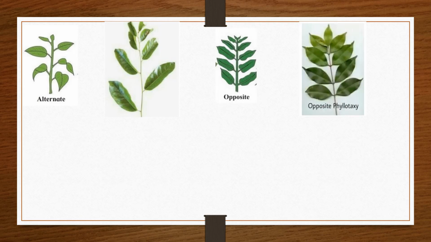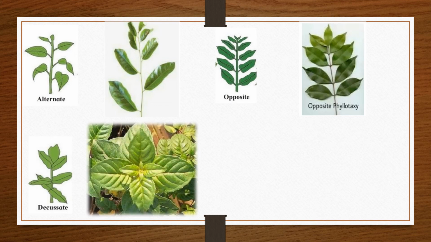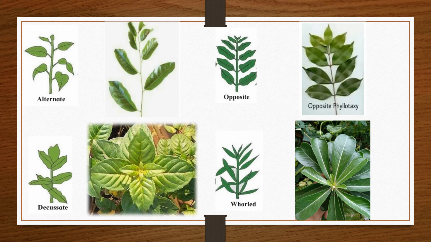See now, alternate. Now this is a hibiscus which shows alternate type of arrangement. This second one is opposite. We can see the opposite phyllotaxy, then decussate here with example, and the last one whorled. Here we can see adenium.